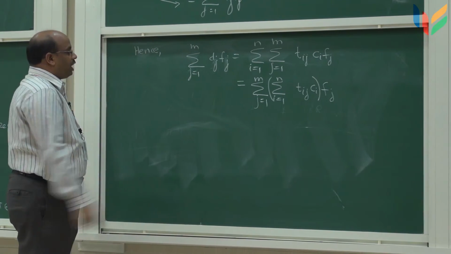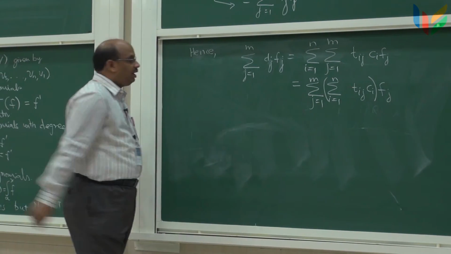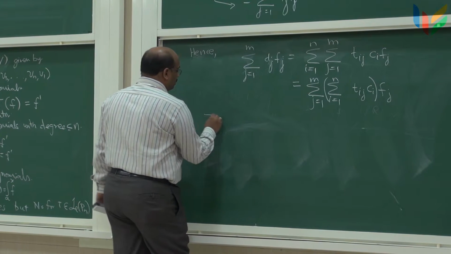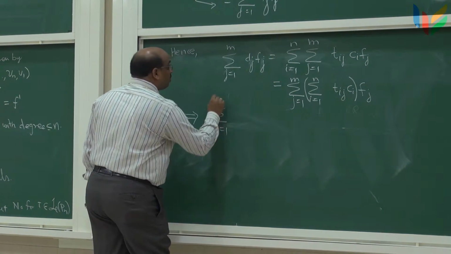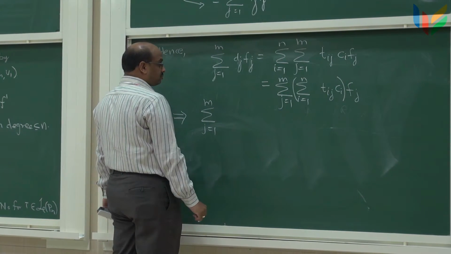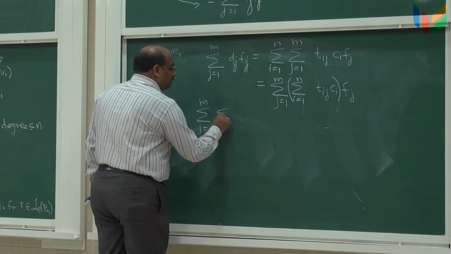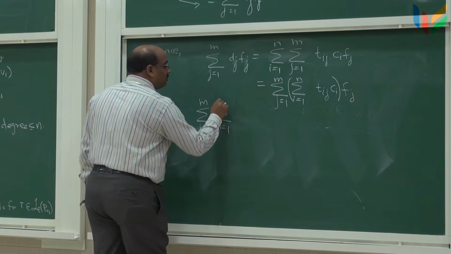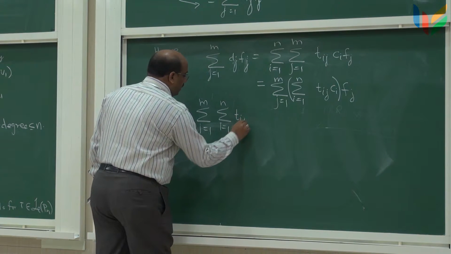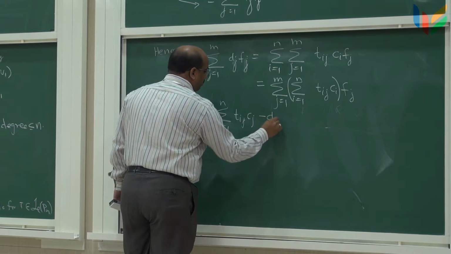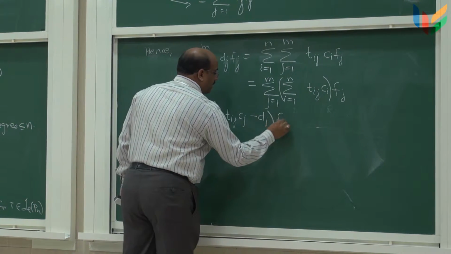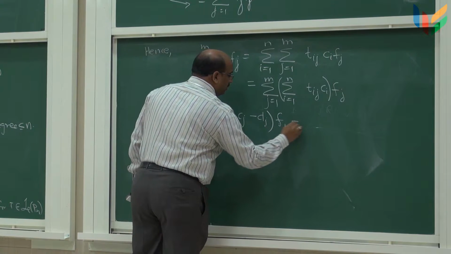Okay. So now with all this, we'll again go through this thing. So this basically implies the summation of j equals 1 to m, the summation of i equals 1 to n, Tij Ci minus dj, Fj is equal to 0.